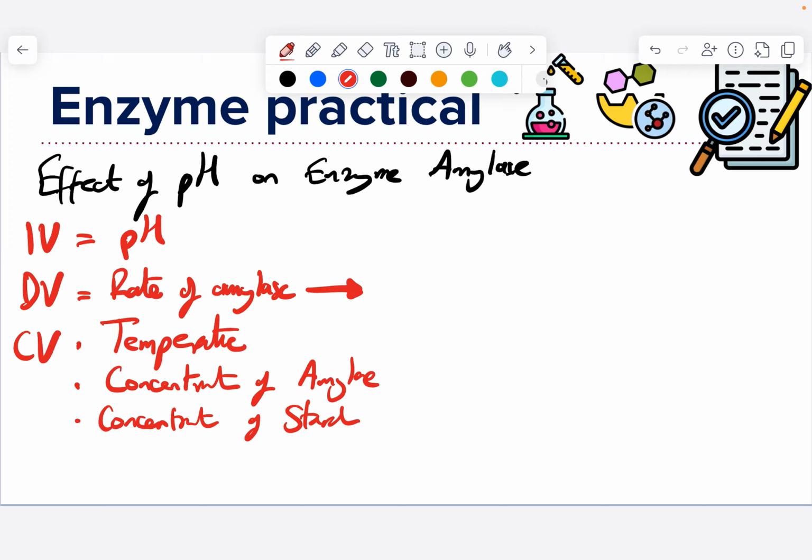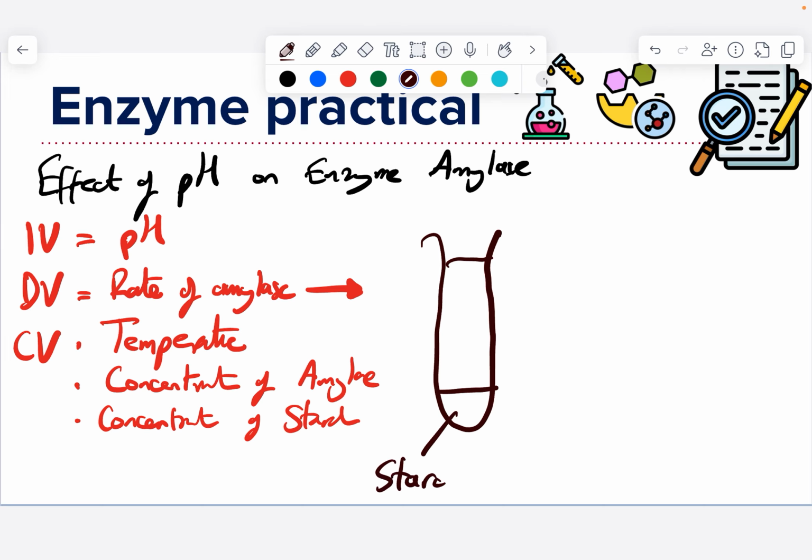So what you're going to have is this. You're going to have a solution, and in that solution you're going to have starch, an exact volume, and an exact concentration. You're then going to have amylase.